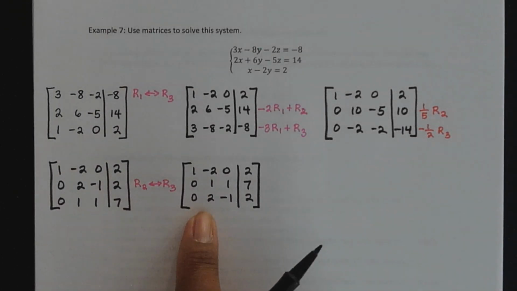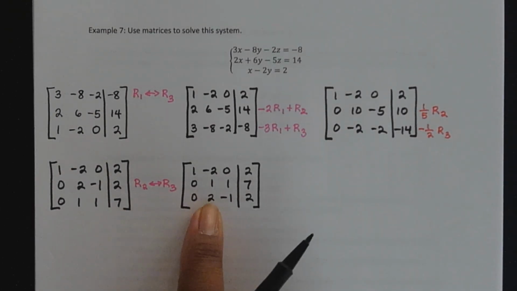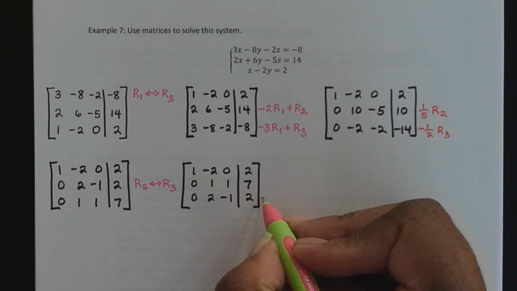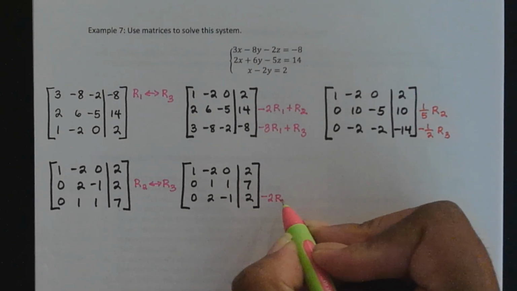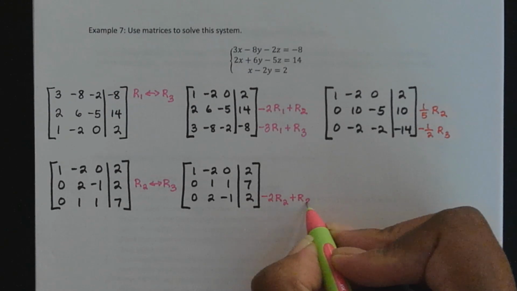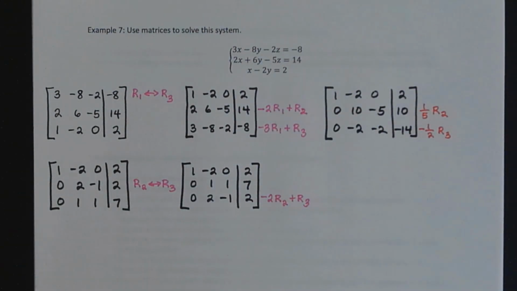All right, now I need a 0 underneath this 1 right here. Well, I got the 2, so if I want that 2 to be a 0, this is what I'm going to do. I will take negative 2 times every element in row 2, add the corresponding elements to row 3.